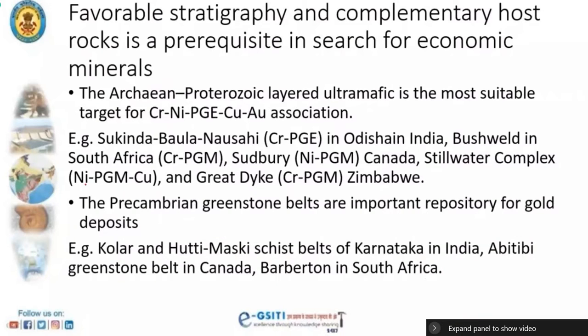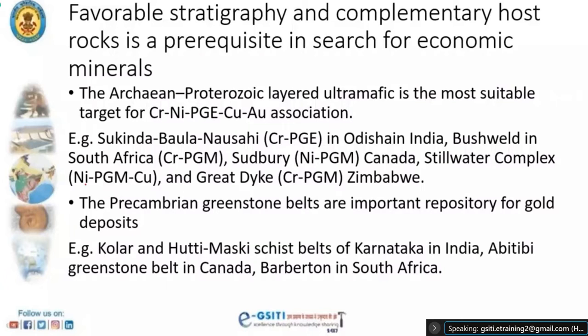Again, favorable zones like the greenstone belts, favorable zones like the granites and the intrusive granites, favorable zones like mostly your Archean and Proterozoic ultramafic rocks, which are targeted for certain minerals.